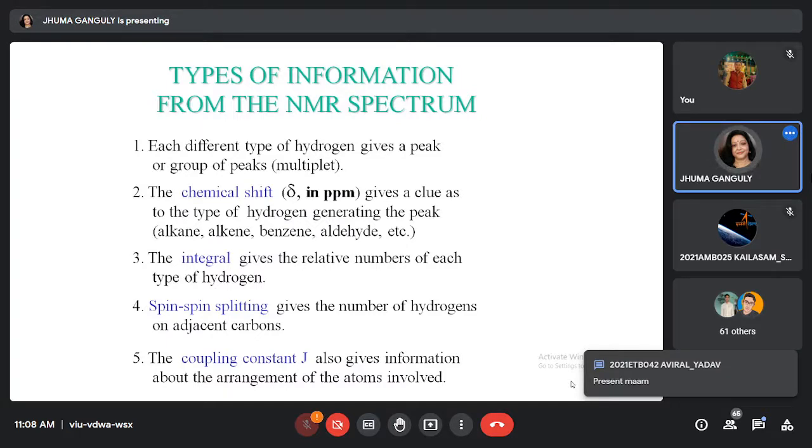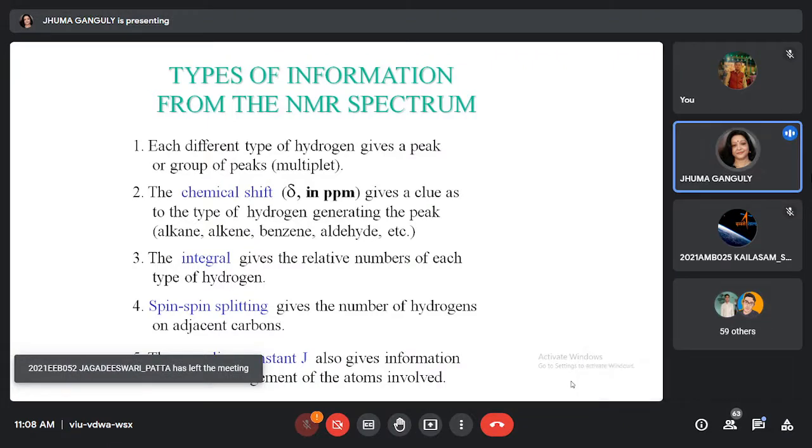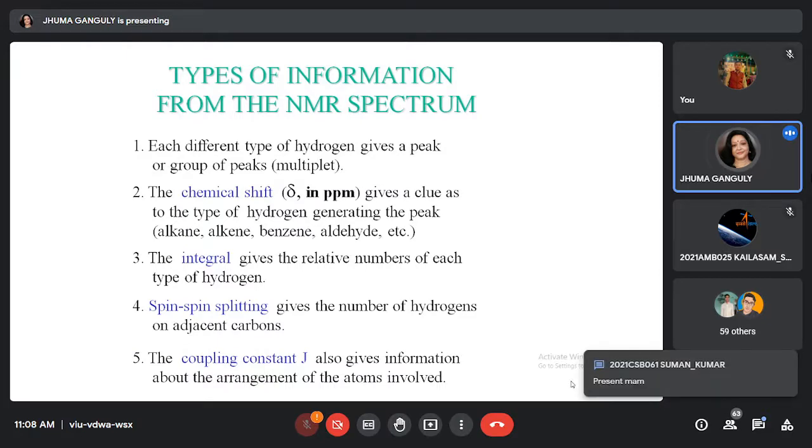The chemical shift, whose unit is delta, or delta values in ppm, gives a clue as to the type of hydrogen generating the peak: alkane, alkene, benzene, aldehyde, etc. Alkane hydrogen peaks are different from alkene because the environments are different, so we can identify alkane and alkene depending on their chemical shift value.